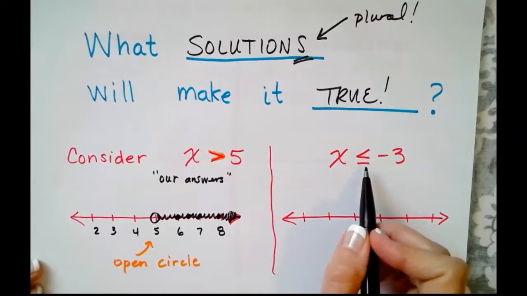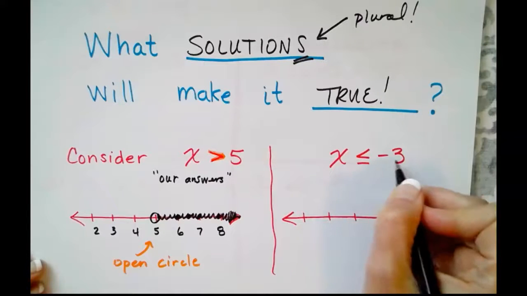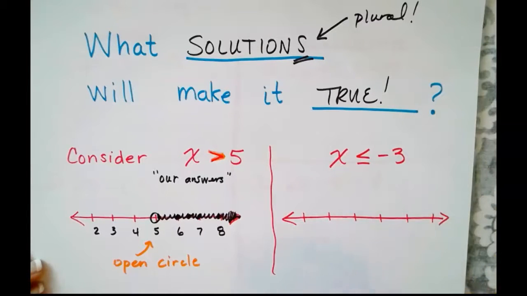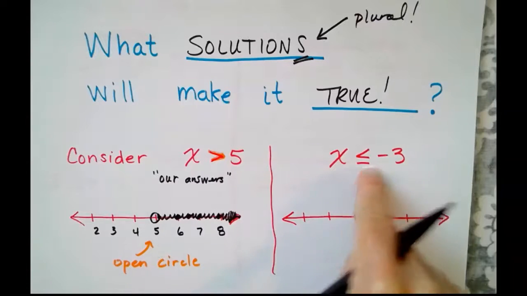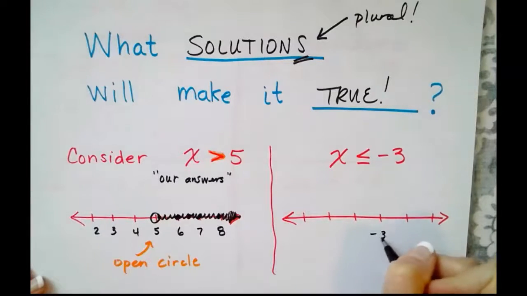Let's look at x is less than or equal to negative 3. So, "or equal to," if we think about that, remembering that conjunction is saying our answers could be smaller than negative 3 or equal to negative 3. So when we show this on the number line, and let's get our number line set up, we'll put negative 3 right there.